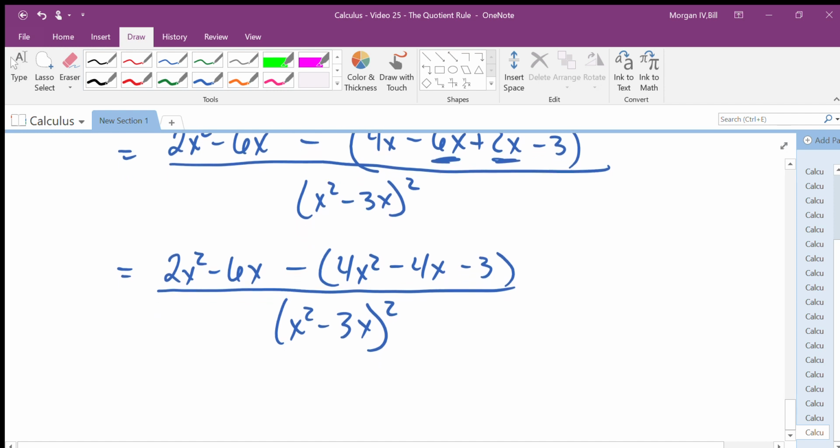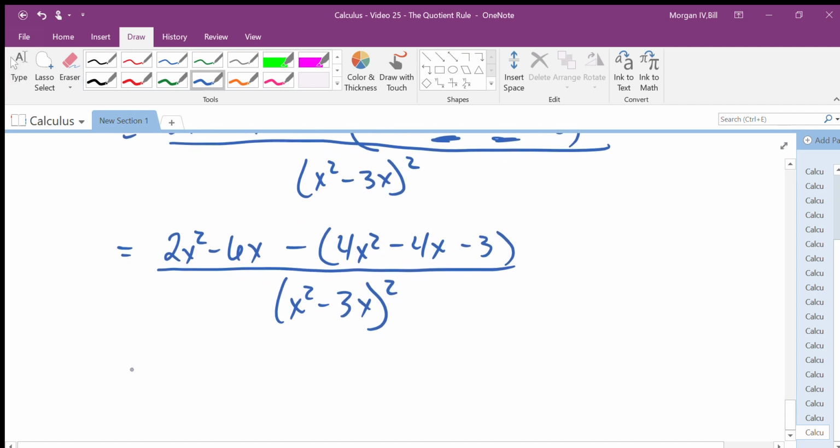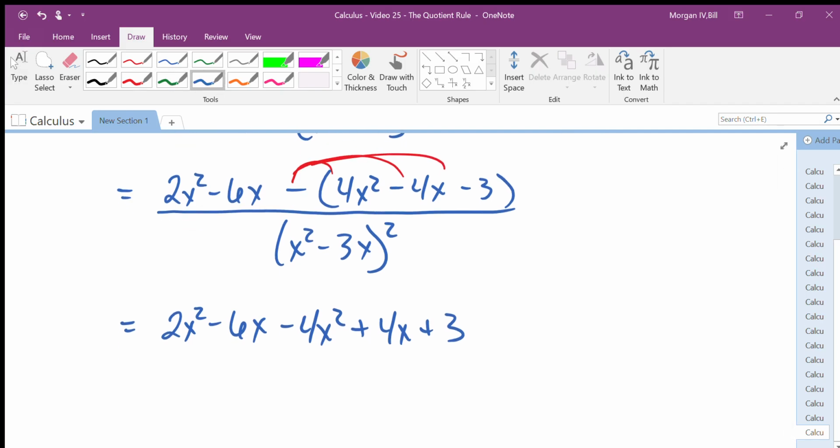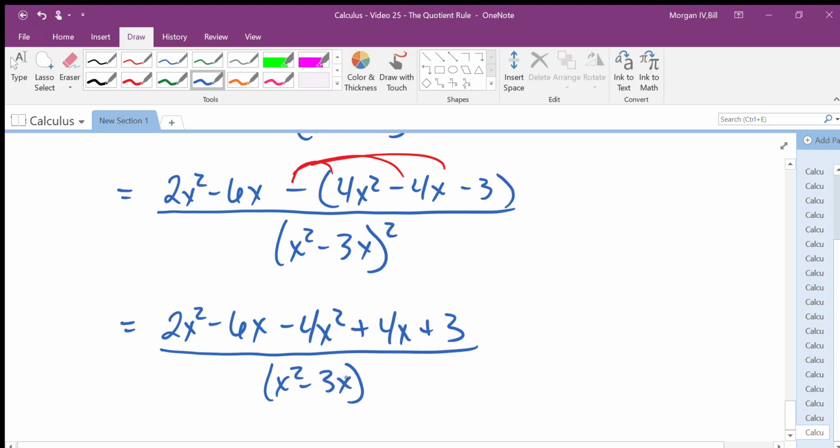Then we'll distribute that negative sign on that second part in parentheses. So we have 2x squared minus 6x minus 4x squared plus 4x plus 3. That negative sign goes to all three of those terms. Divided by, same thing, x squared minus 3x, all squared.